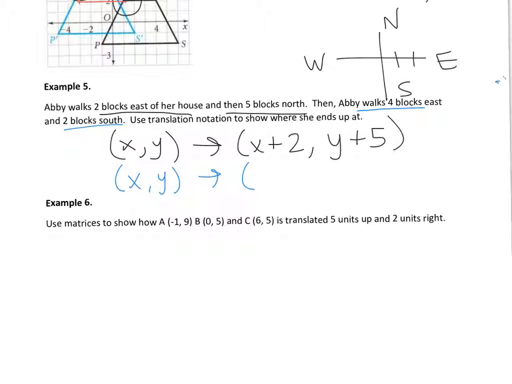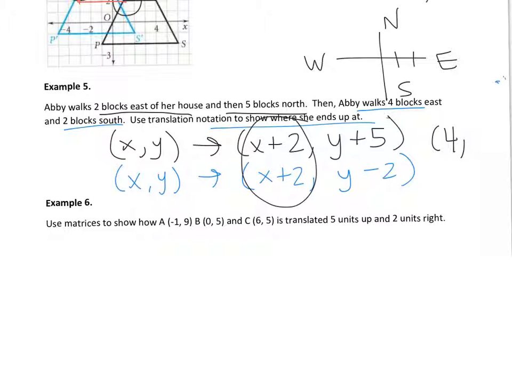So 4 blocks east is x plus 4, and 2 blocks south is y minus 2. So where does she end up? Plus 2 plus 4 is 6 for x... she ends up at x plus 4 and y plus 3: 4 blocks east and 3 blocks north.